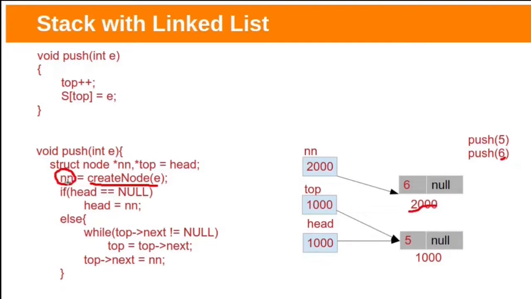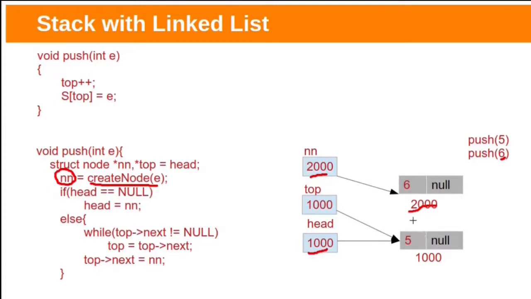So this NN will contain this address 2000. See here head is not null, so this if condition will fail and it will enter into this else block. This newly created node will be placed on top of the most recently inserted item within the stack.